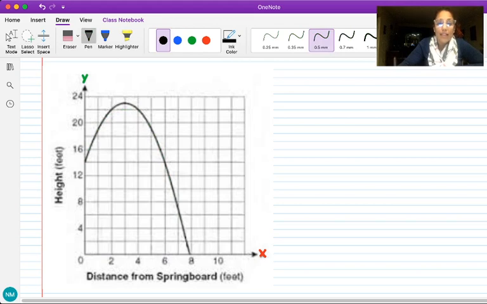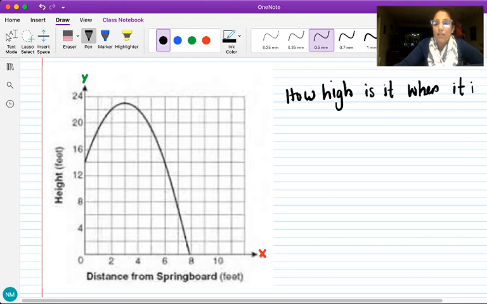The question I want to ask is, so this is distance from springboard and height. I don't know what exactly this is talking about, but how high is it, whatever it is, when it is, let's say, 6 feet from the springboard.